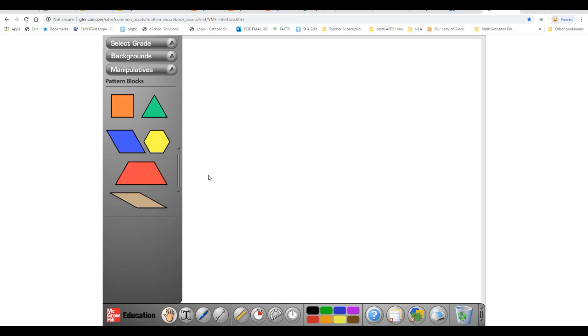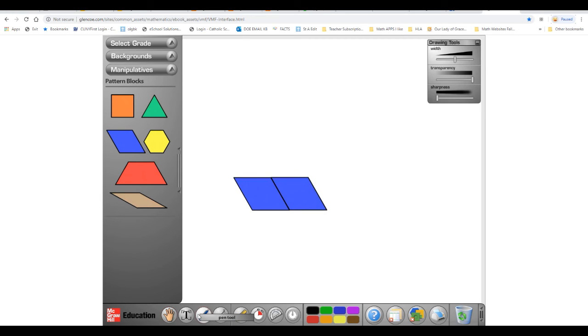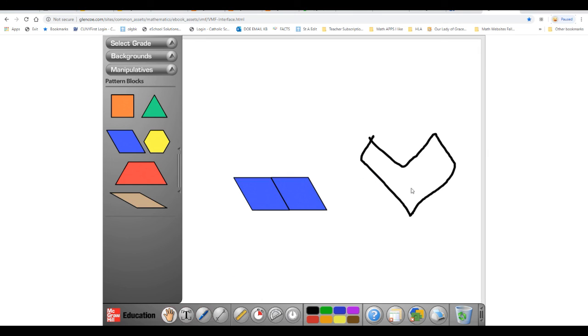I know on page 493, number 5, it asks you how to make a V shape or like a book. It looks like a book like this. How many rhombuses do you need to make a shape that looks like a book? Alright, so if I put these 2 side by side, would that look like the shape that is showing inside number 5?